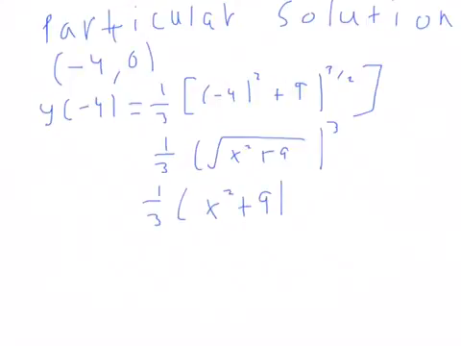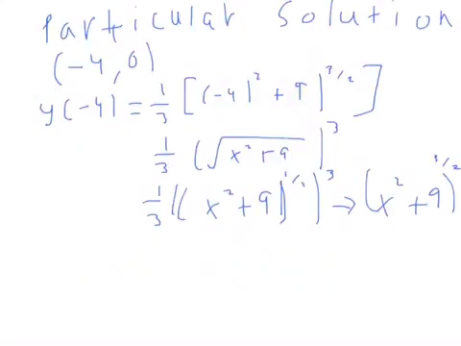This, since it's a square root, it's to the 1/2, and then you just cube. Since it's u cubed, you have to cube it, and then you multiply the exponents, and that just gives you x squared plus 9 to the 3/2. So that's how I got it all simplified up there.